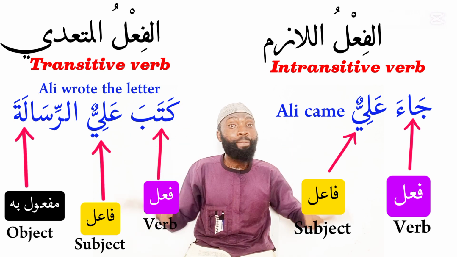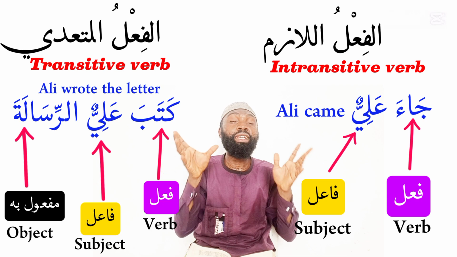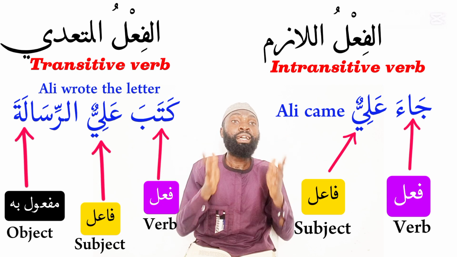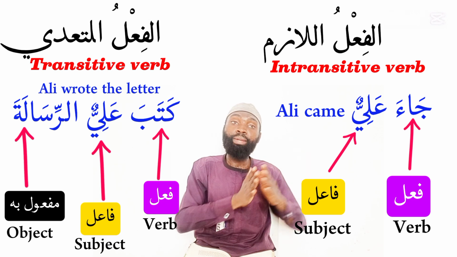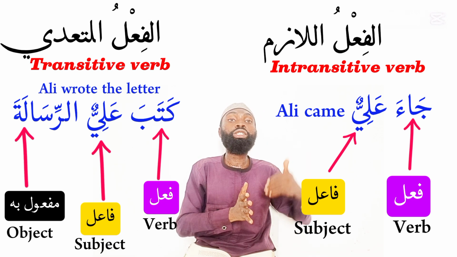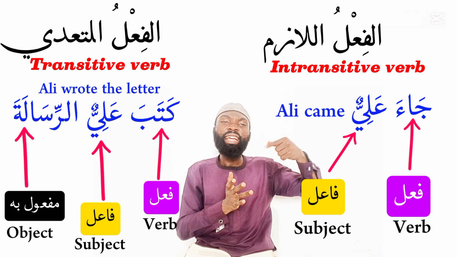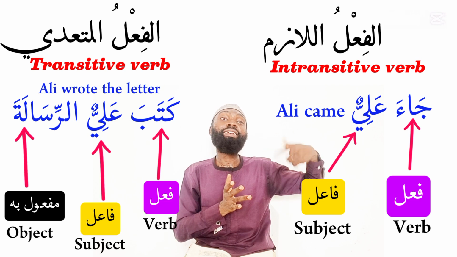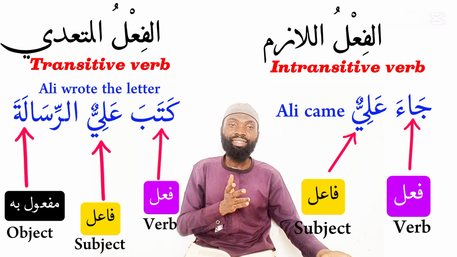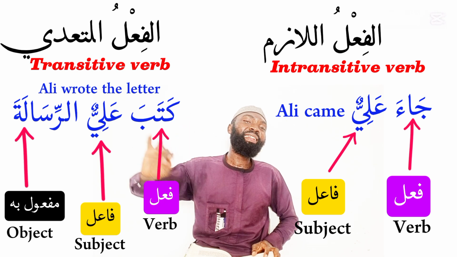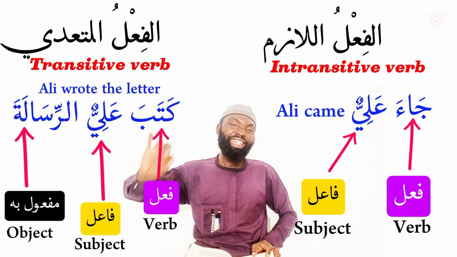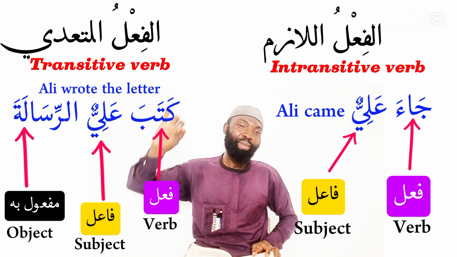So even if I stop here, you would have gotten the full knowledge that an intransitive verb, both in English and Arabic, is a verb which does not require a direct object to complete the sentence. However, a transitive verb requires a direct object in order to convey a meaning.